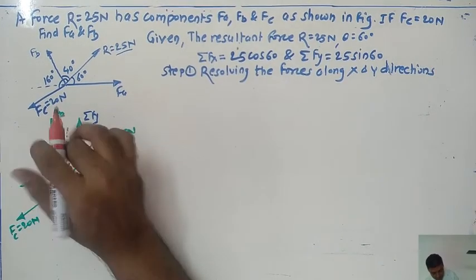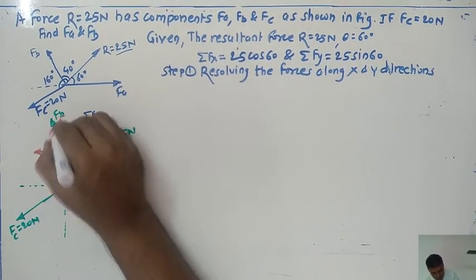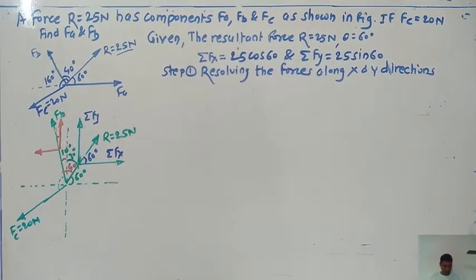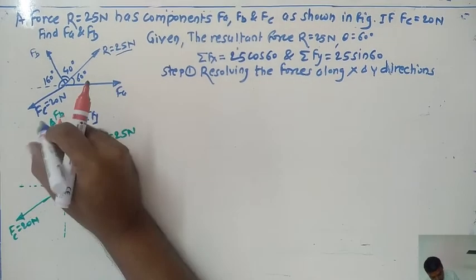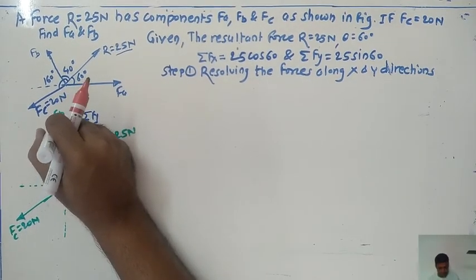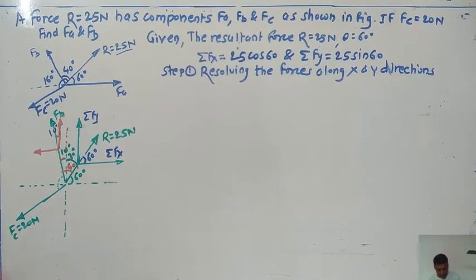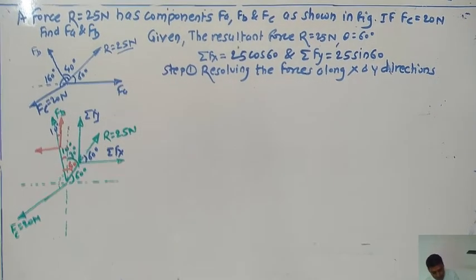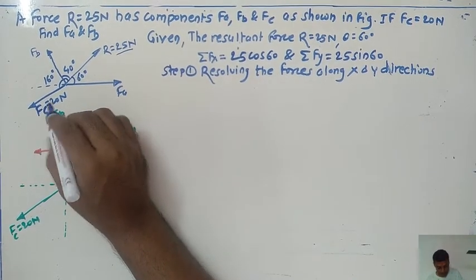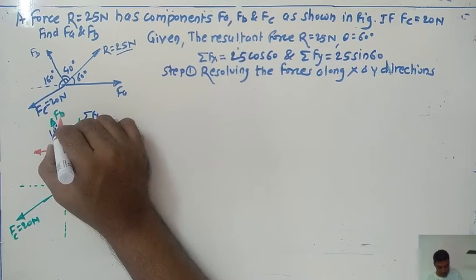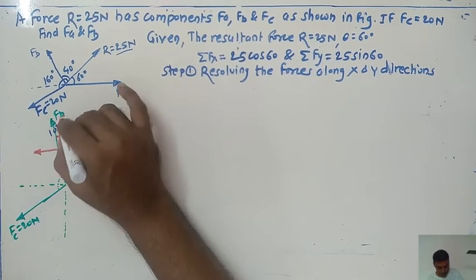I'll mark that 10 degrees with a different color so that you can identify it. So what about the vertical component? As per our previous discussion regarding components, remember that the component adjacent to the angle is the cos component.